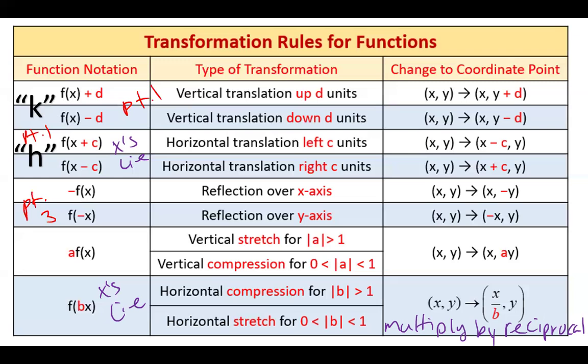And then your stretches and compressions, those are our part 2 notes, where we dive a little deeper into all of it. All right, questions, comments, concerns? All right, that's our overview.